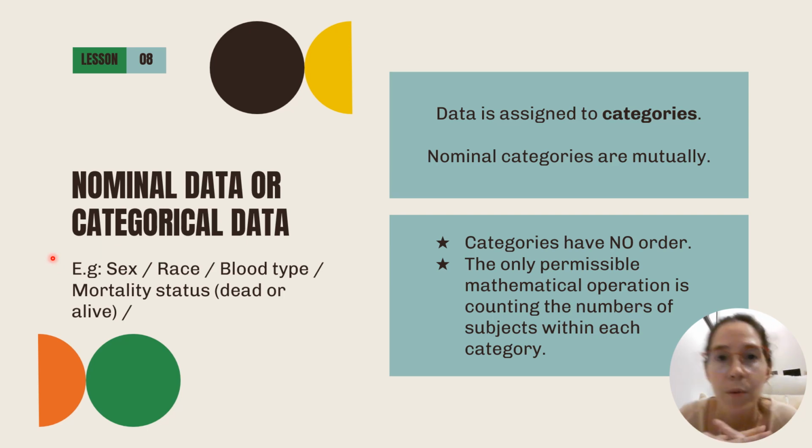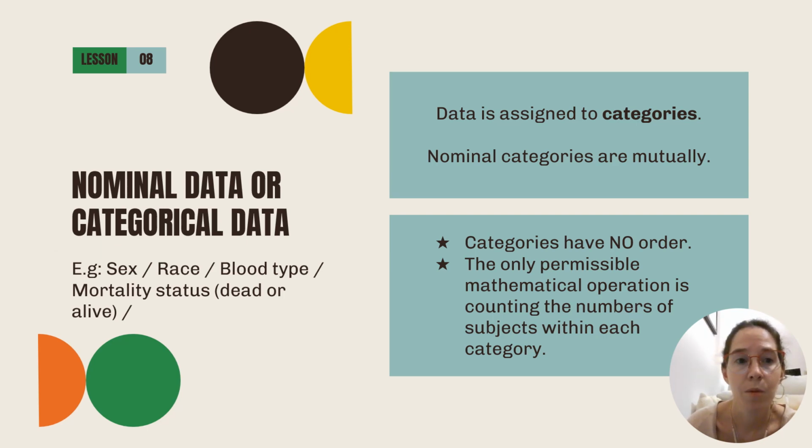So let's start with the nominal data or categorical data. It's the same, we can call it nominal variables or categorical variables. And inside this category, we can find dichotomous ones, that are those that can only admit two categories or two levels, and non-dichotomous ones, those that admit more than two levels. Nominal data is the simplest type of data we can have in our study.